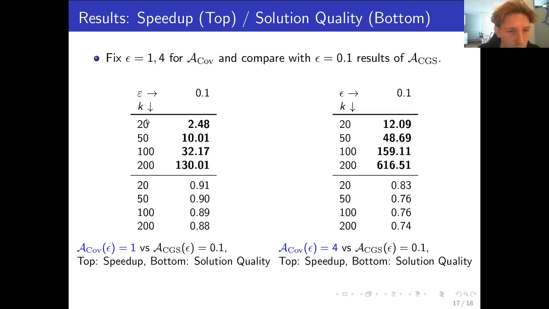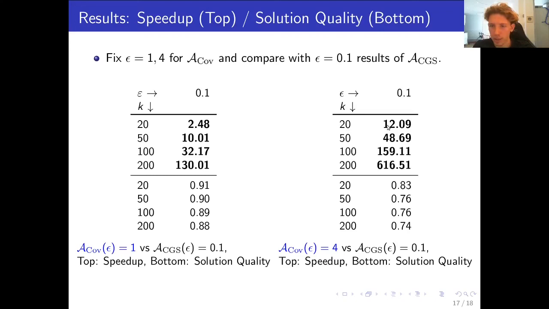But even for k equals 20, we are already 2.5 times faster, and k equals 50, 10 times faster, k equals 100, 32 times faster, and then already 130 times faster. And if we fix epsilon to 4 for our algorithm and compare with their epsilon 0.1, we sacrifice, I would say, about 25% of solution quality, but we are orders of magnitude faster.